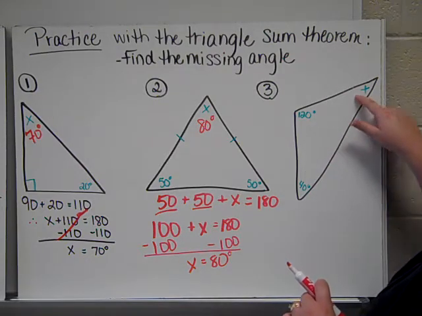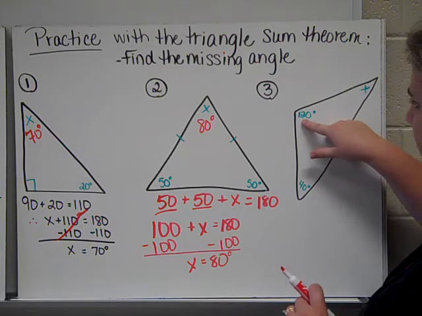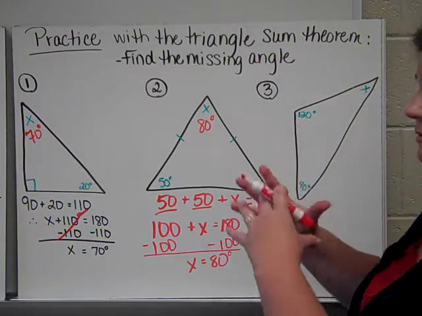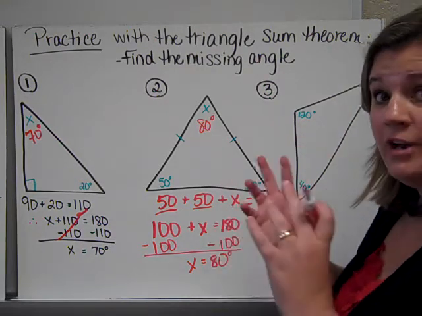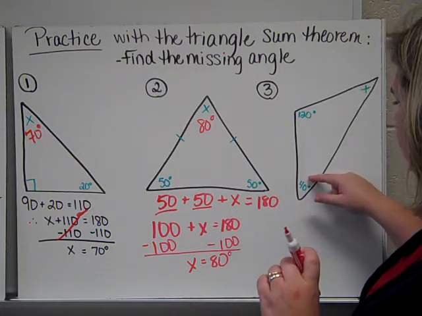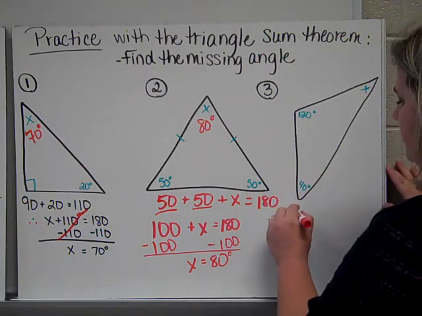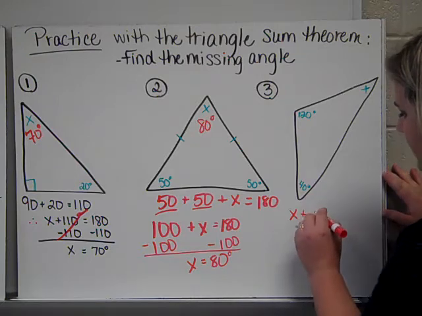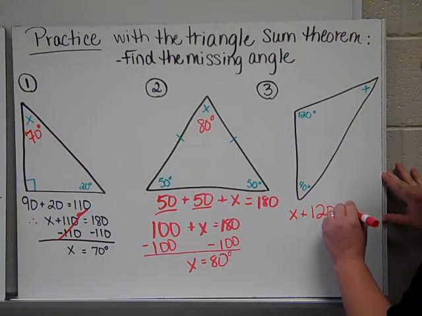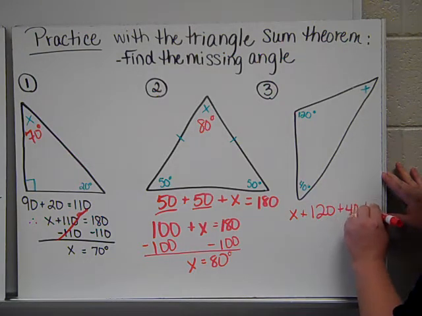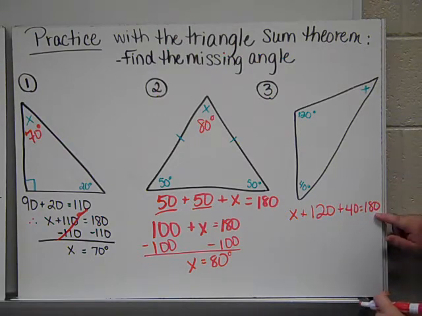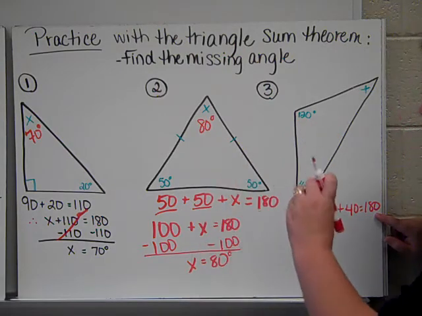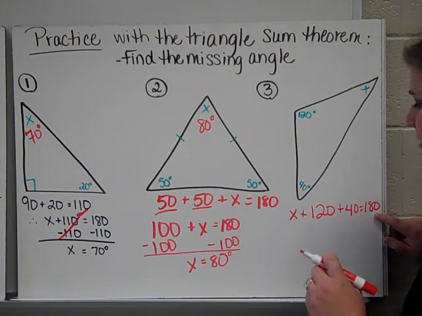Now look at these three. I have X, that's my missing angle, 120. We would classify this one as greater than 90, so I have an obtuse triangle. And this one is 40. So X plus 120 plus 40 equals 180 degrees, because remember, all three angles add up to 180 degrees.